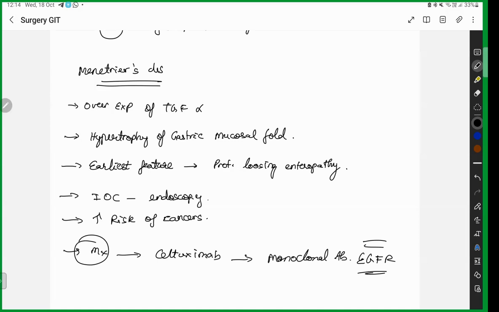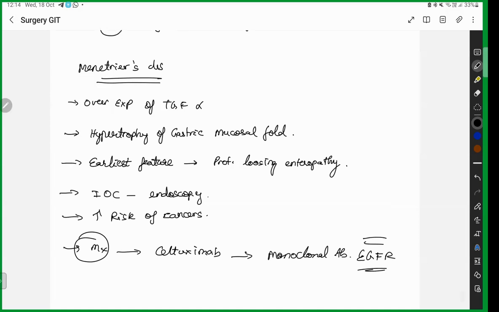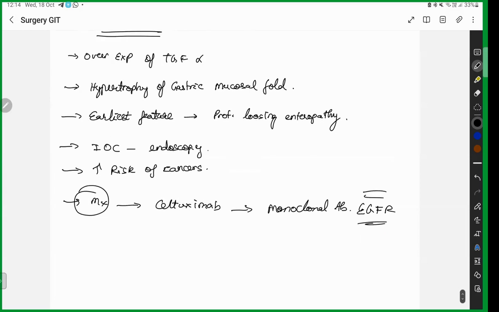Therefore, cetuximab is given. And if the case is very severe, then you go for a gastrectomy. Very, very important. This is what I want you all to remember.